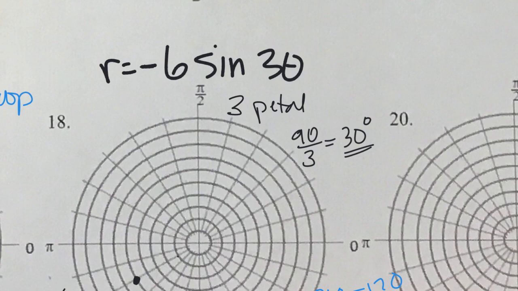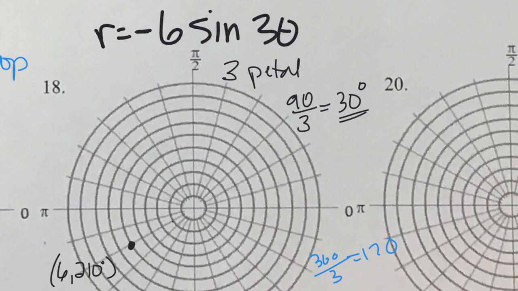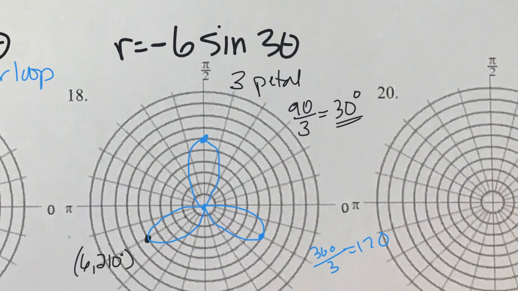So 210 plus 120 is 330, which is over here. And then 210 minus 120 is 90. So it's going to be right there. So this is going to be a 3-petal rose that's basically symmetric with the positive y-axis. So it will look something like that.